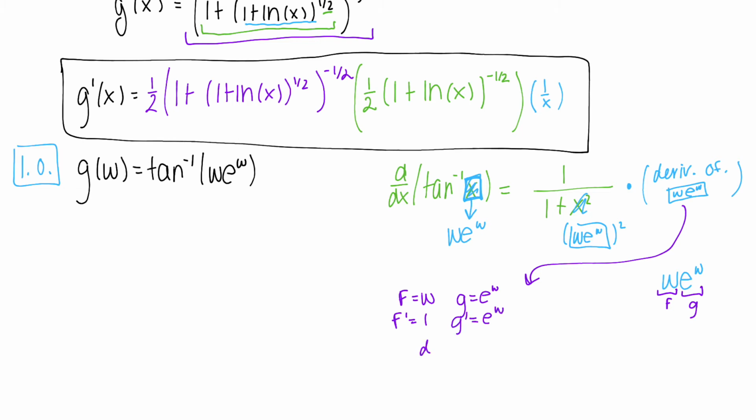So the derivative of w e to the w is f prime g, 1 times e to the w, plus g prime f, so w times e to the w.